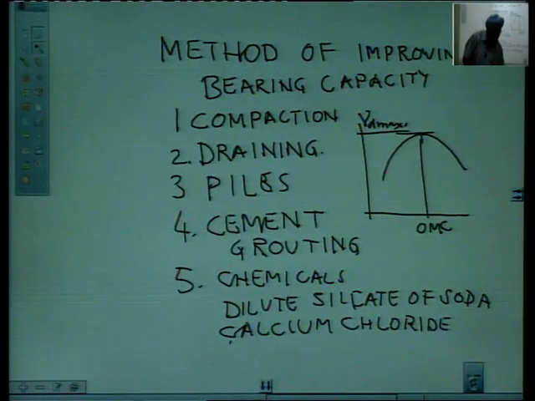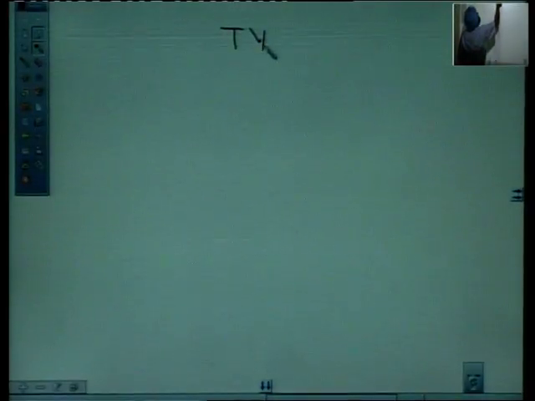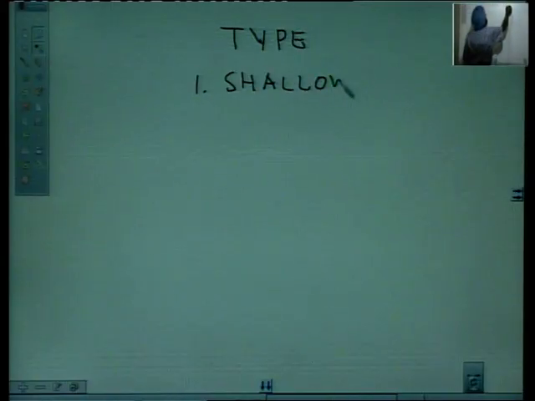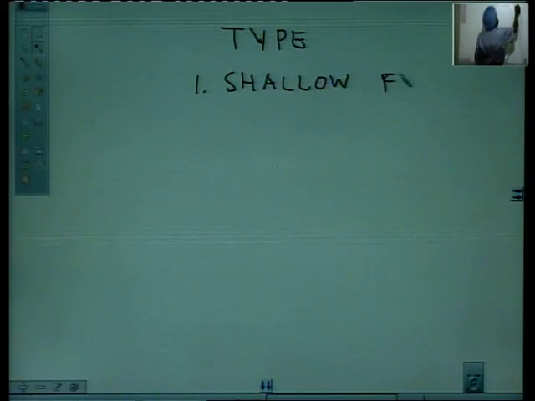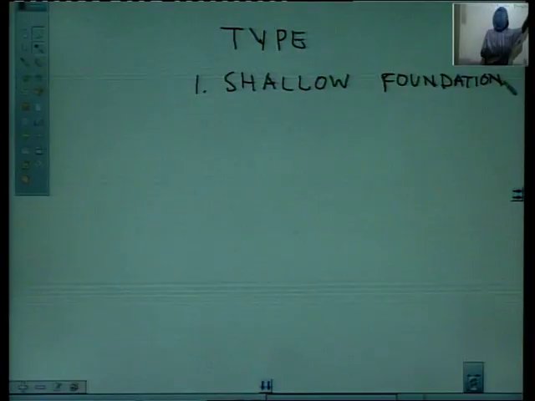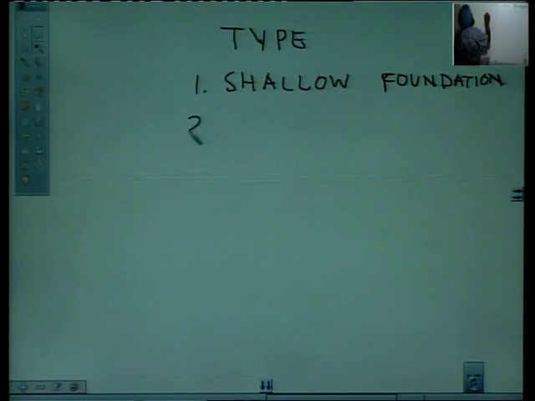Then we have the types of foundation. One is shallow foundation. The other is deep foundation.